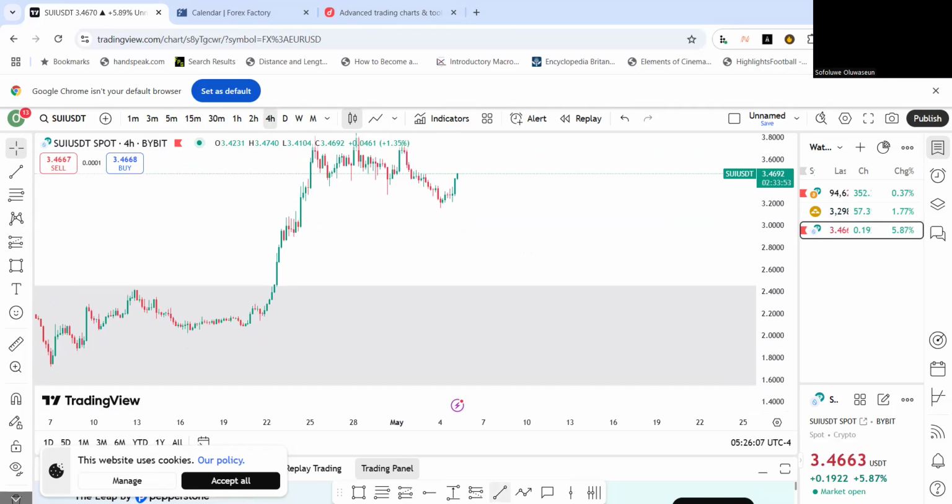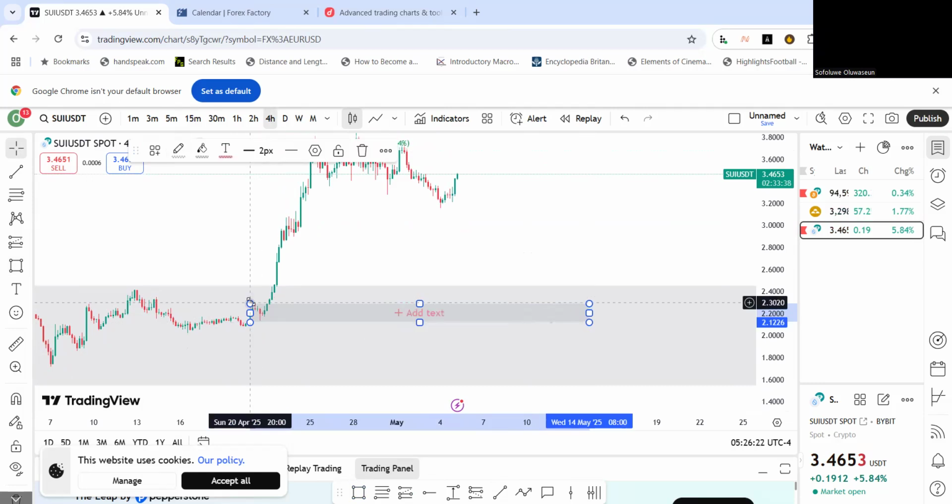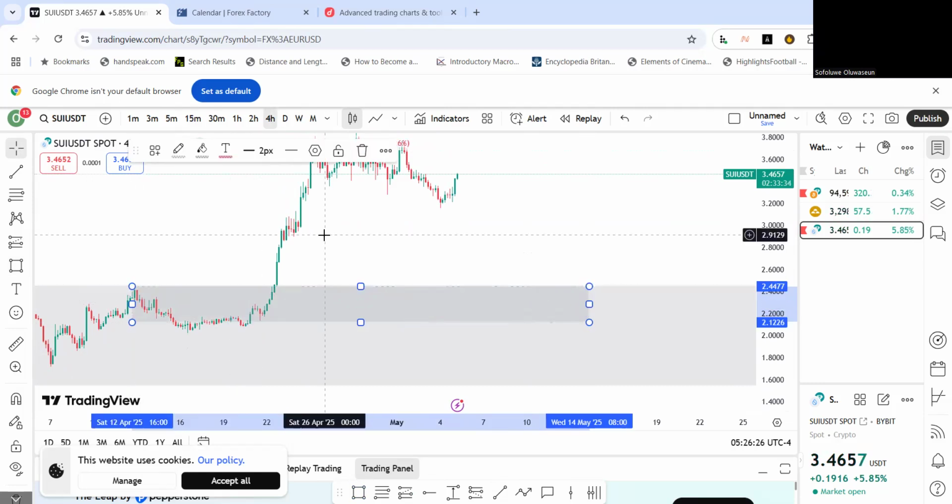It might take time, but I'll be looking at this point, and extend it to this whole area.